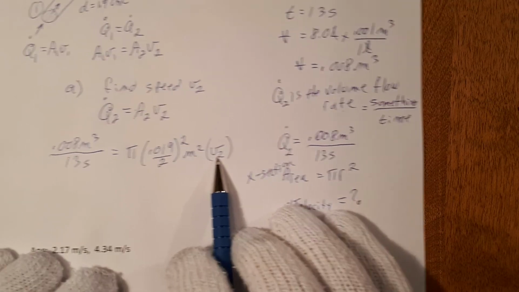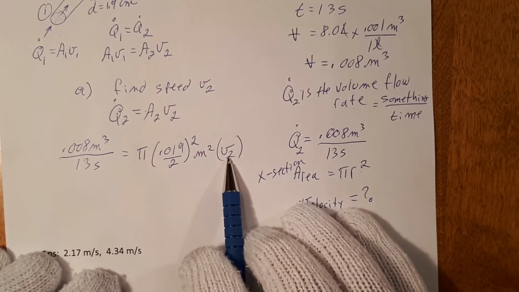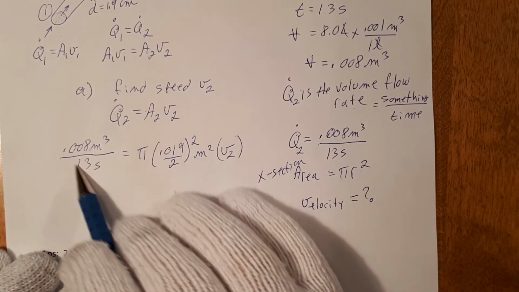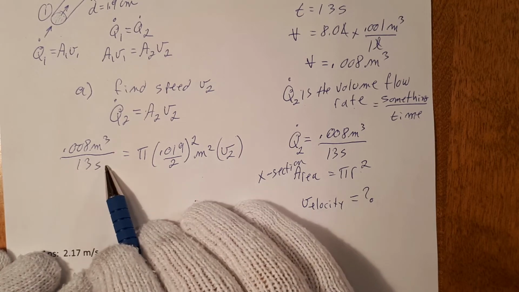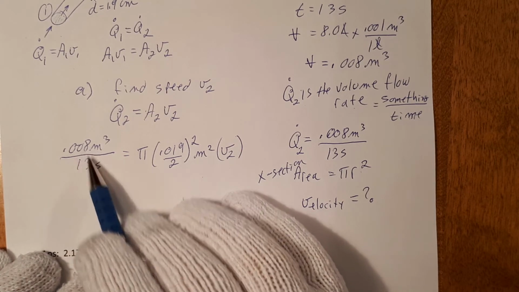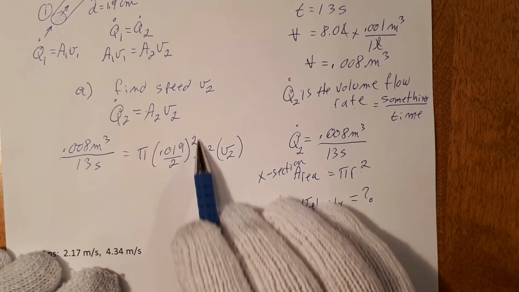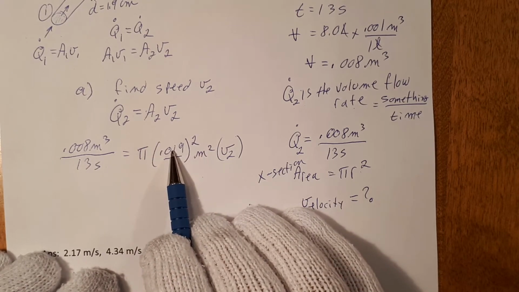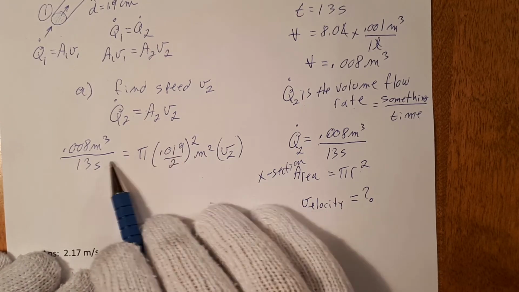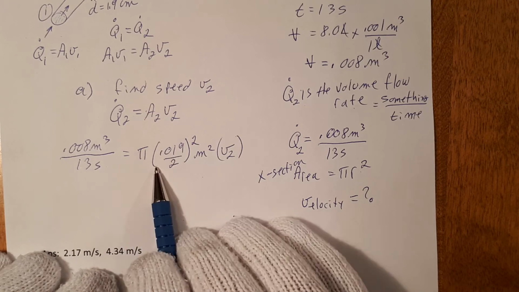Isolating v2. Now in your calculator, you could reduce this to cubic meters per second, just divide 0.008 by 13, and you could reduce this to a single number as well. But I'm going to work with what we have here and then use the calculator at the end.